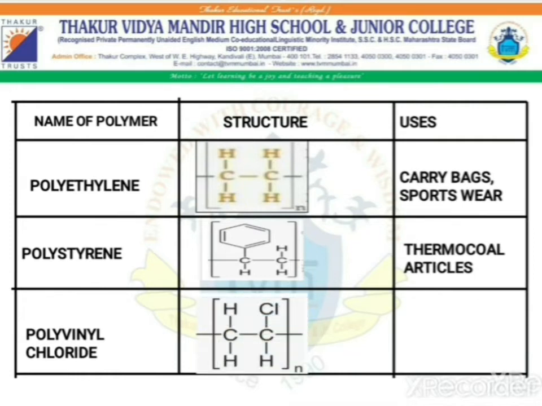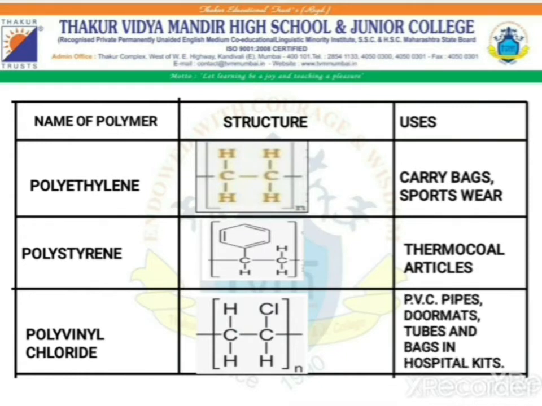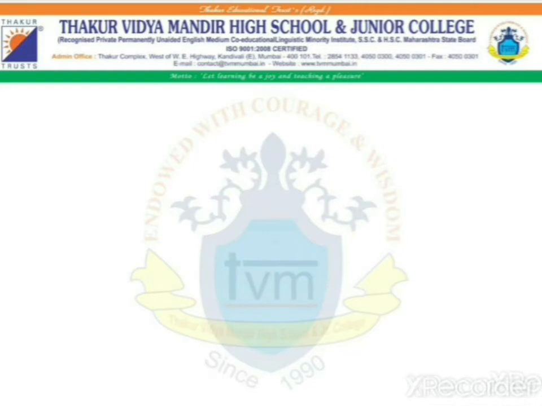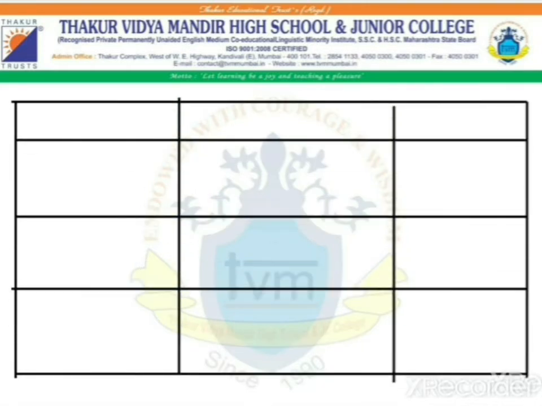This is the structure of it. This PVC is mainly used in pipes, which you call PVC pipes, and doormats, tubes, and bags in hospital kits. So these are the three polymers which are commonly used. The next three polymers are as follows.